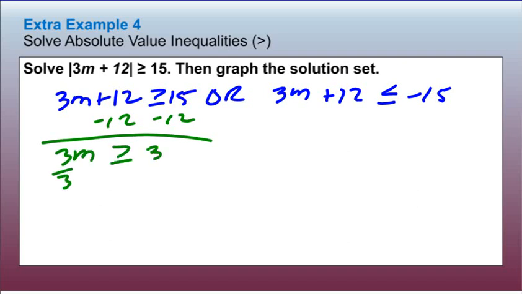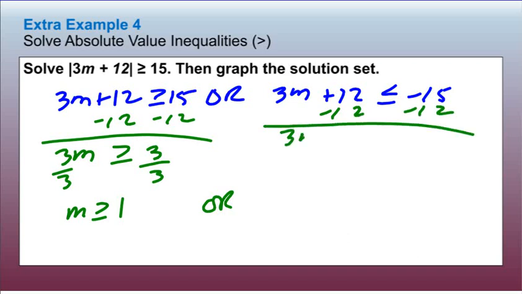Divide by 3. m is greater than or equal to 1. Or here, subtract 12. I have 3m is less than or equal to negative 27. Divide by 3. m is less than or equal to negative 9.